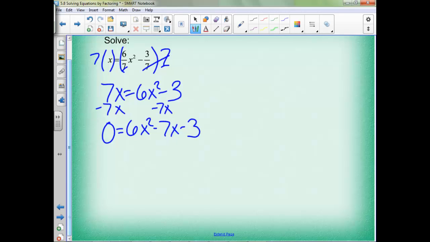So let's factor this. We need to find two numbers that multiply to negative 18 and add to negative 7.